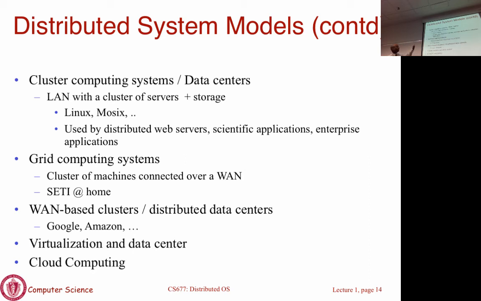A related concept to cluster computing is grid computing. Grid computing allows you to take each of these clusters and interconnect them over a WAN so that they interoperate. If you run a cluster and some other person at some other institution runs a cluster, you can use grid computing techniques to interconnect them.